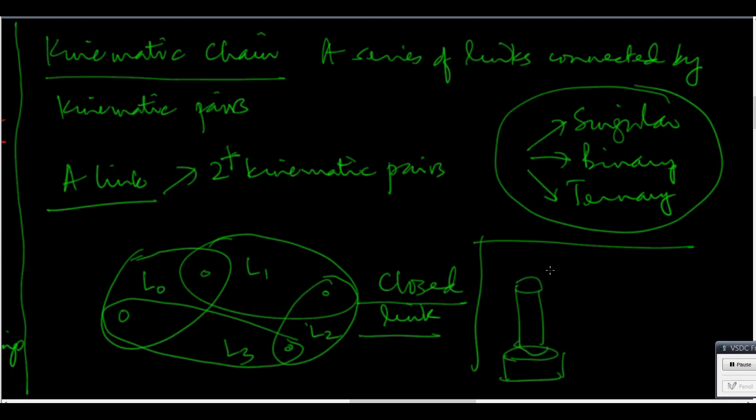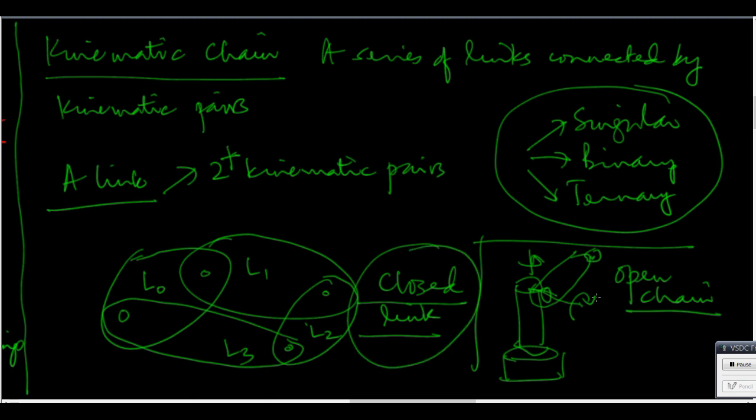On that cylindrical thing, you may have a robot arm which has this axis, right? So you rotate about this and you rotate about this and you have an end effector over here. This is an example of an open chain. We may be doing more of closed, but open is important in robotics. Okay.